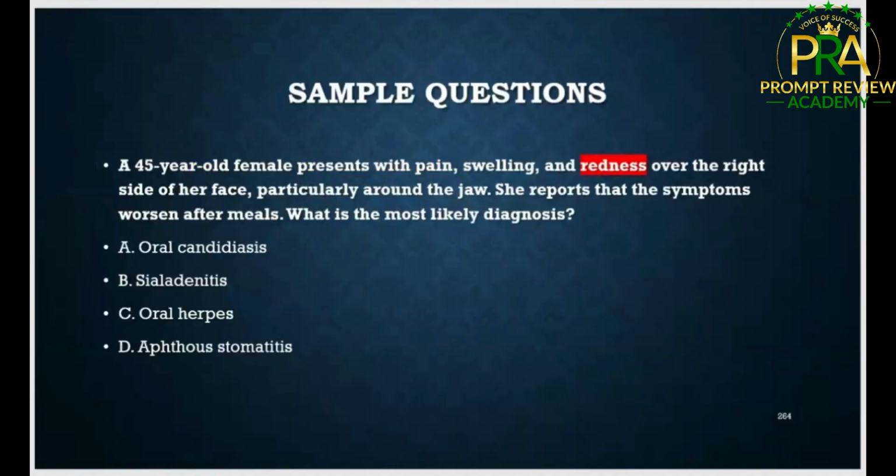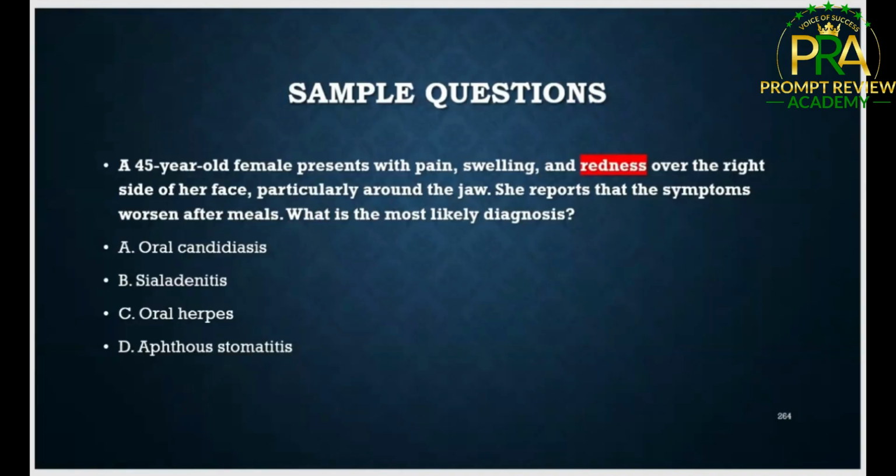So another question now. A 45-year-old female presents with pain, swelling, and redness over the right side of her face, particularly around the jaw. She reports that the symptoms worsen after meals. What is the most likely diagnosis? So that is sialadenitis.